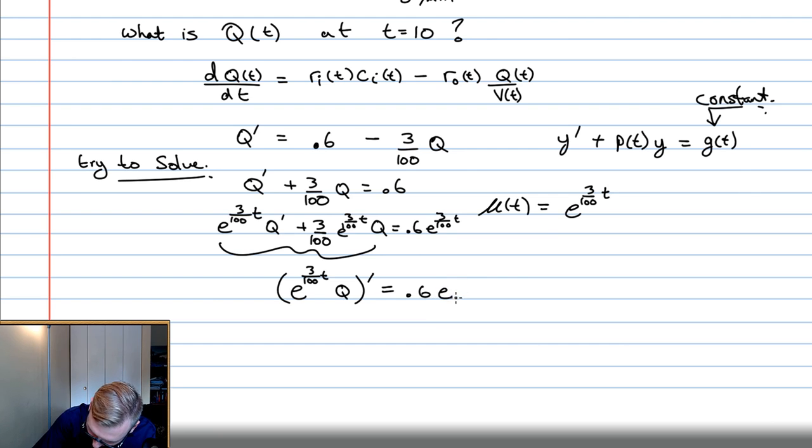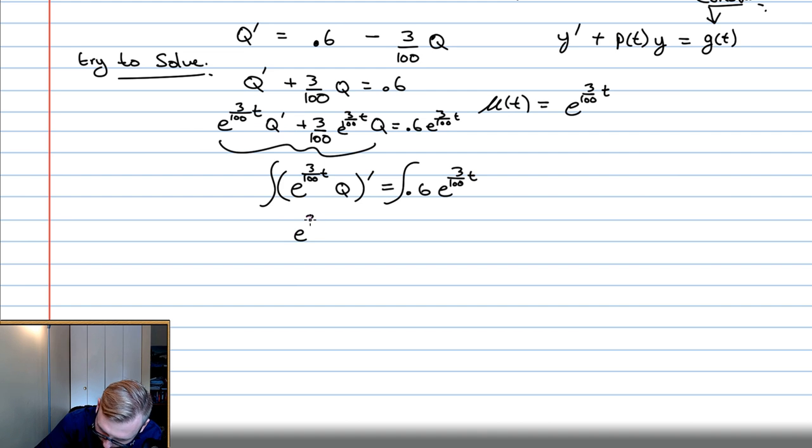This is 0.6 e to the 3 over 100 t. And okay. We integrate both sides. Boom. Boom. Where's my thing? I'm running out of space.